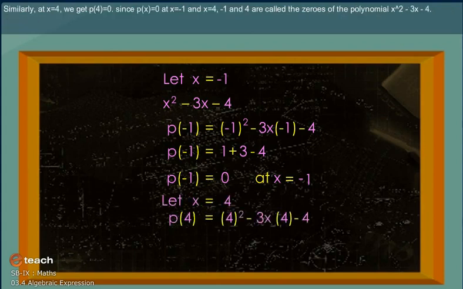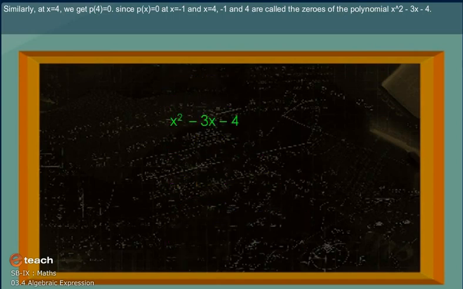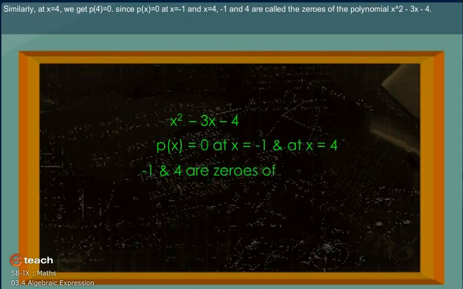Similarly, at x equal to 4, we get p of 4 is equal to 0. Since p of x is 0 at x equal to minus 1 and x equal to 4, minus 1 and 4 are called the zeros of the polynomial x squared minus 3x minus 4.